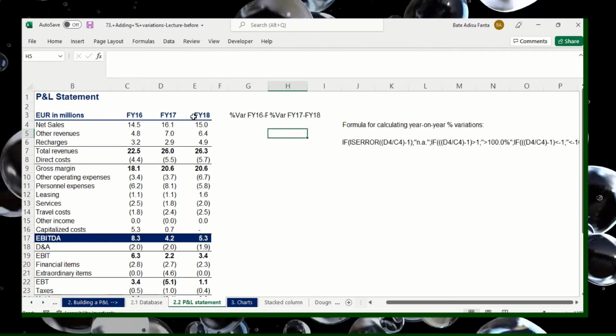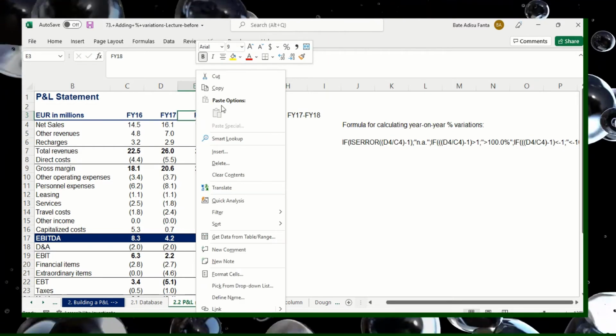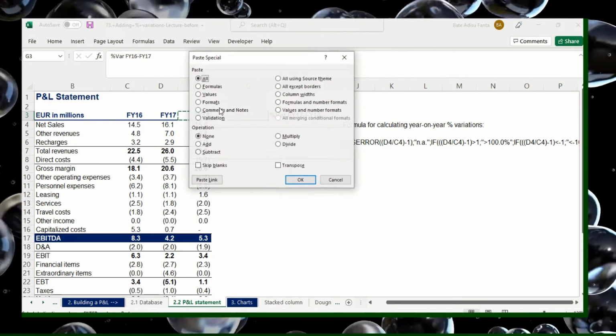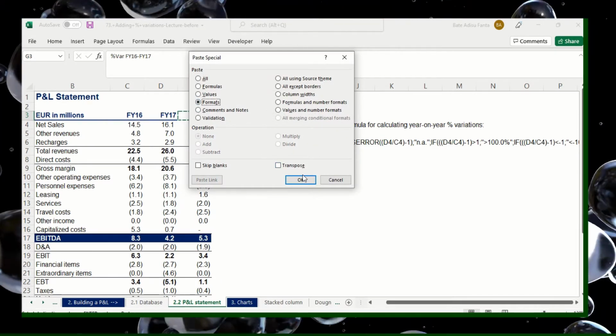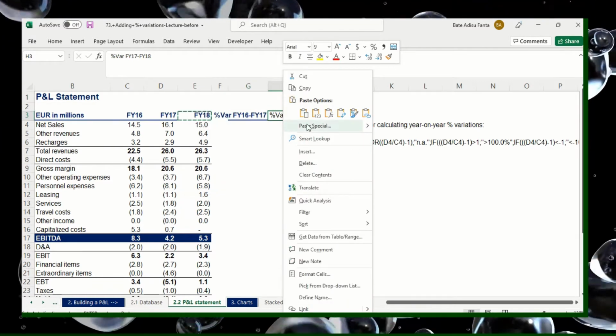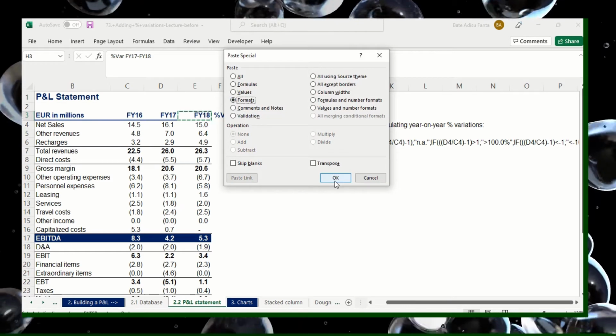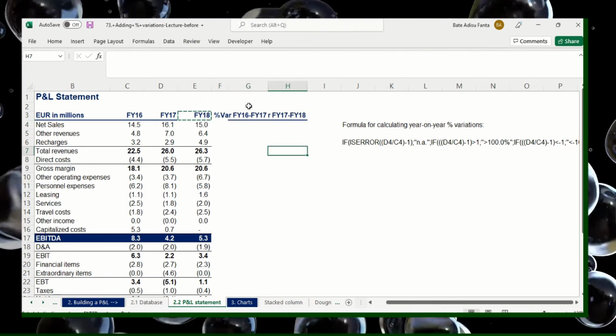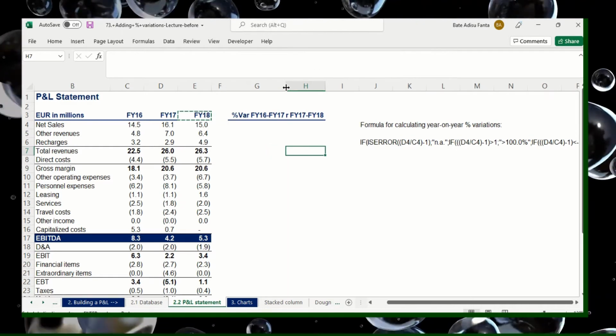I can copy in the formats. First is copy special, format. All right, and we may need more space here.